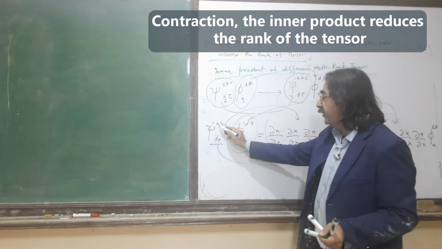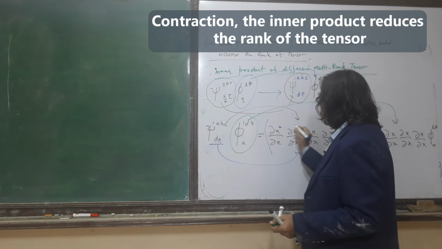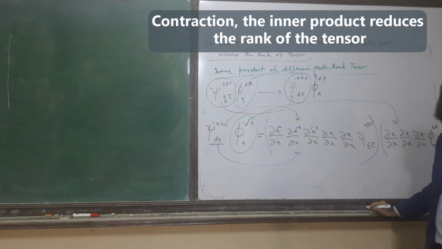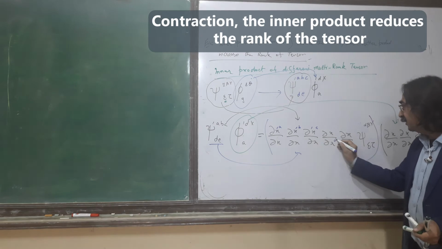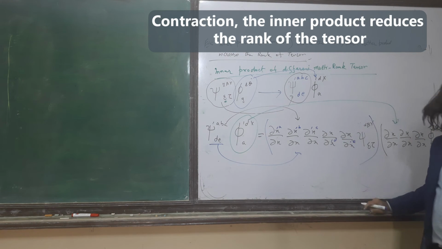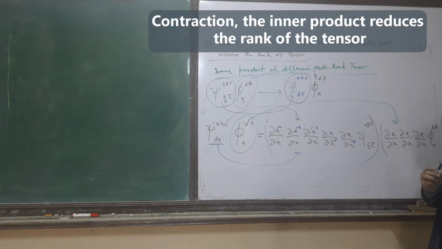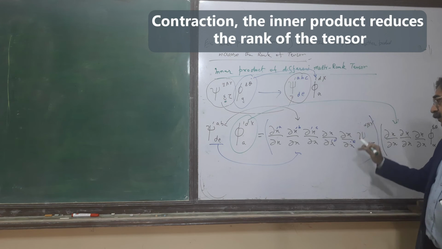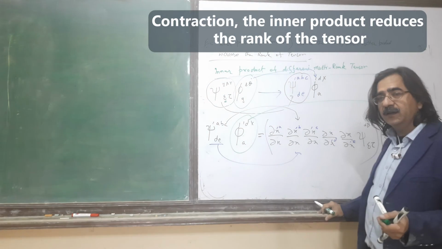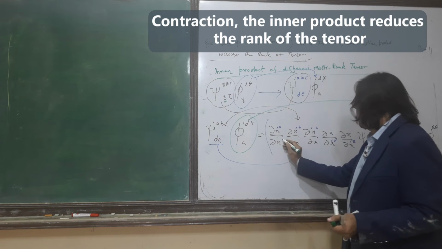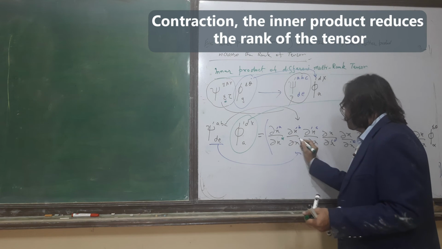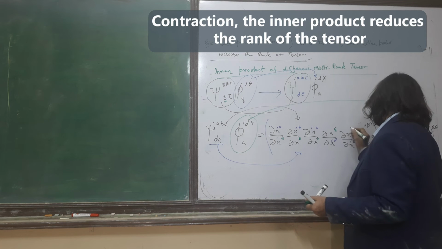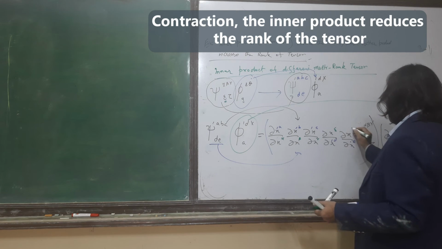So firstly, superscript A, B, C bar, then D, E bar. Now the superscript will contract with the subscript, the contravariant will contract with the covariant, so it should be in the denominator: alpha, beta, gamma, sigma, and tau.